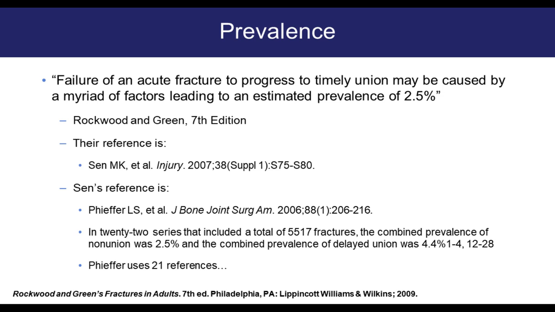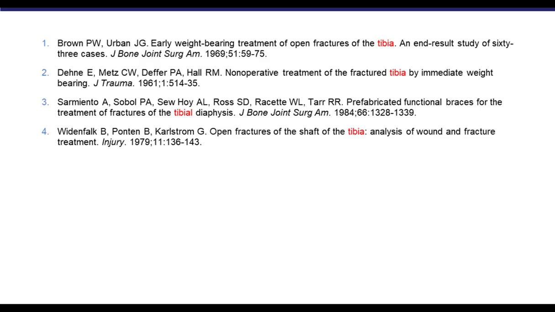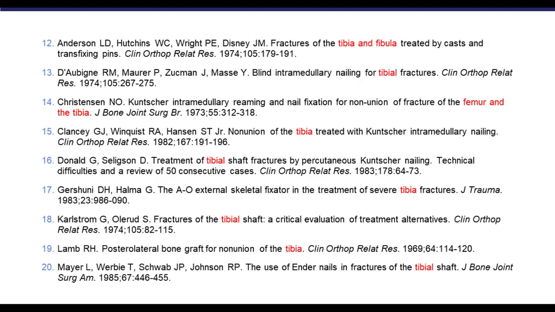So in their references, and again, this is the general overview of all non-unions, they really are giving us a vast majority of tibial references. So do we truly understand or know the incidence or prevalence of non-union in all bones? I would argue that we do not, based on this reference, and we do not based on these papers alone.